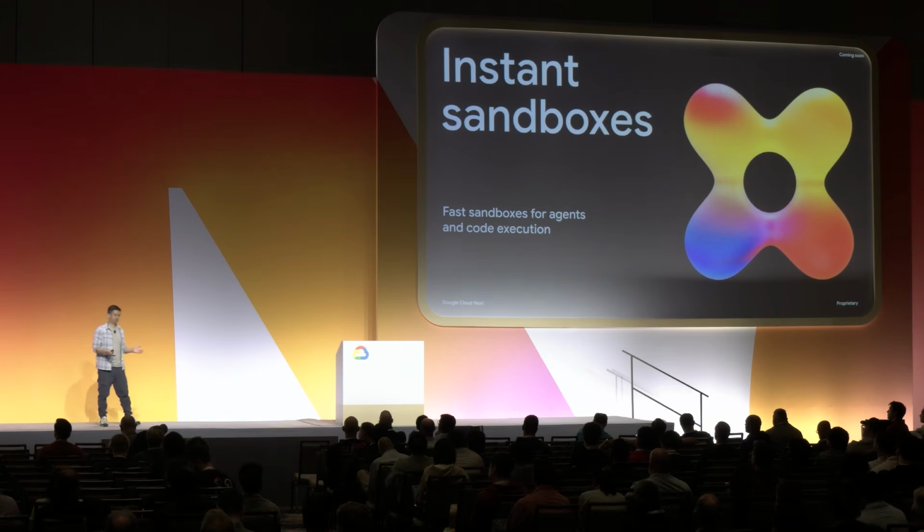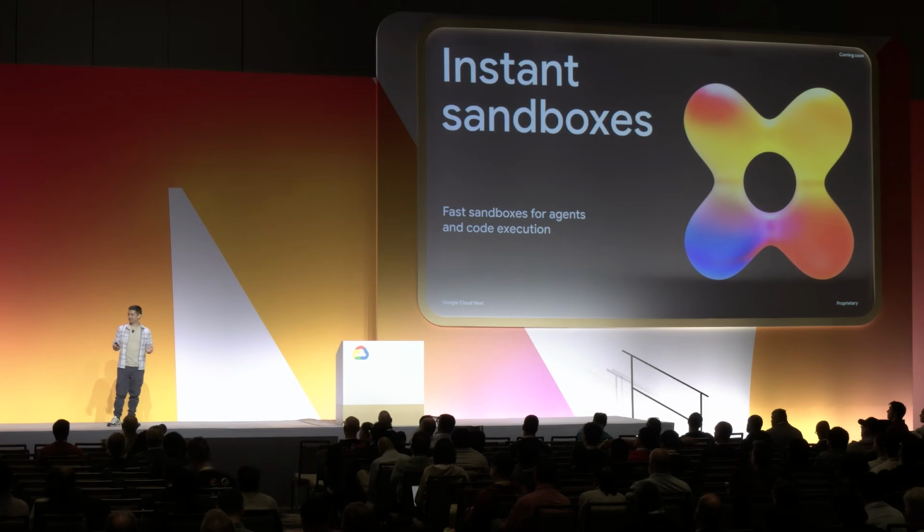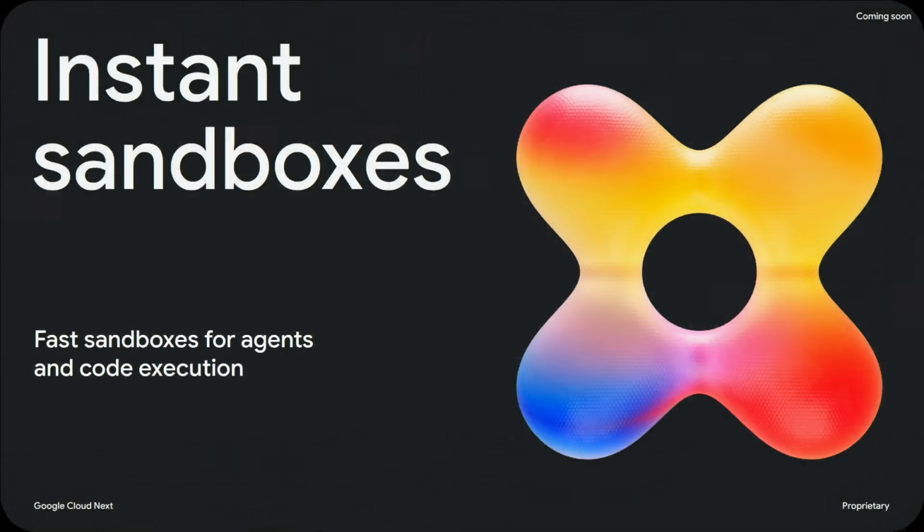Now, some of you may be wondering, is this Cloud Run instance thing the same as this agent sandbox or code execution sandbox that I keep hearing about as this hot new thing in the agent world? Well, let me tell you about another Cloud Run feature called instant sandboxes, which are also currently in private preview with select customers.